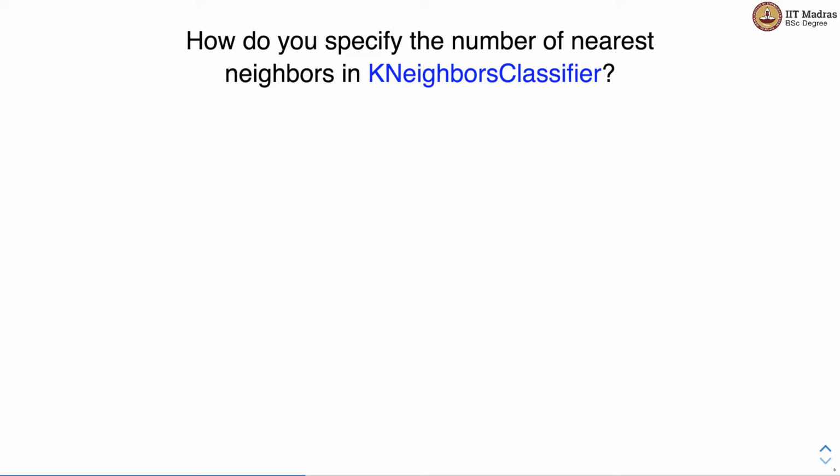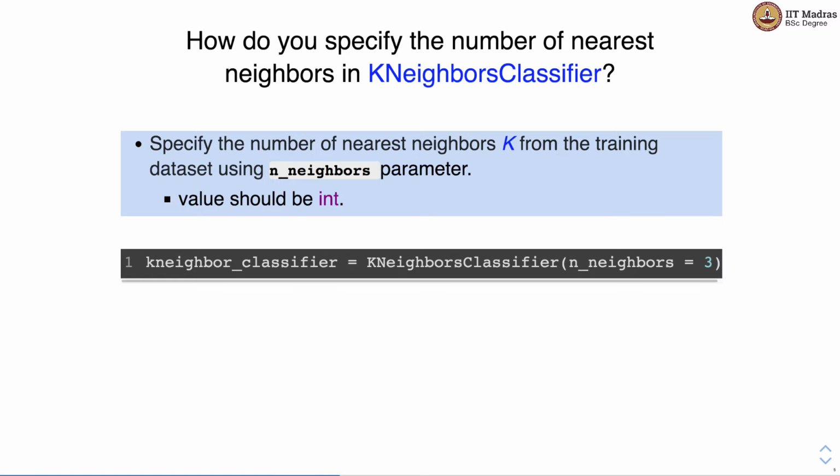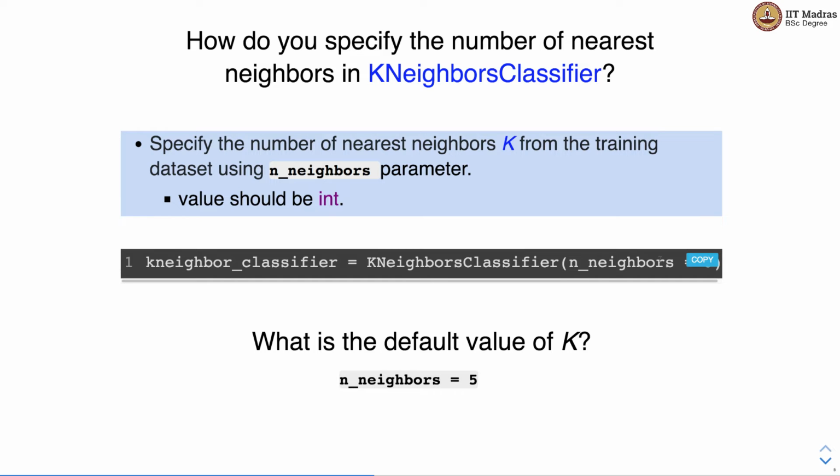Let's see how to specify the number of nearest neighbors in KNeighbors Classifier. There is a parameter called n_neighbors that we need to set. So here, while instantiating the object of KNeighbors Classifier, we set n_neighbors to the desired value, and the default value of nearest neighbors is 5.